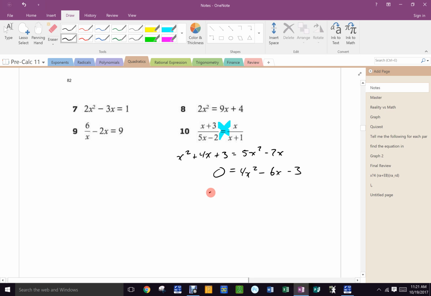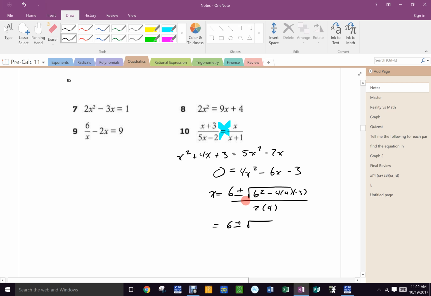formula. So x equals negative b, which is 6, plus or minus the root of b squared, which is 36, minus 4 times 4 times negative 3 over 2 times 4. 6 plus or minus the root 36, 4 times 4 is 16, 16 times negative 3 is positive 48.